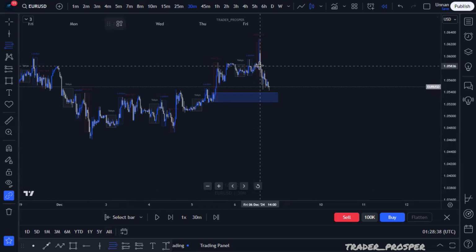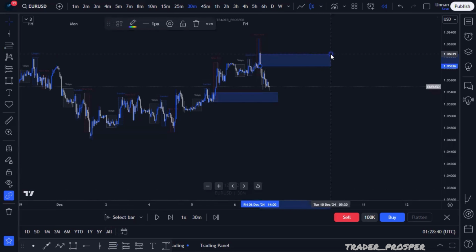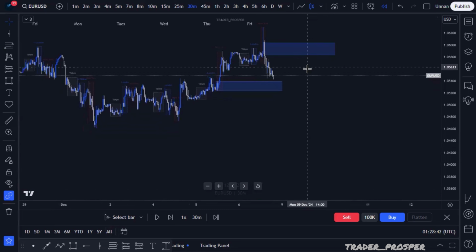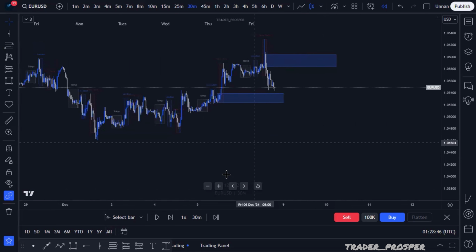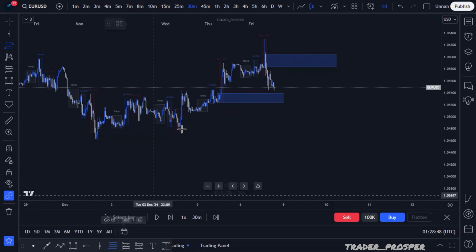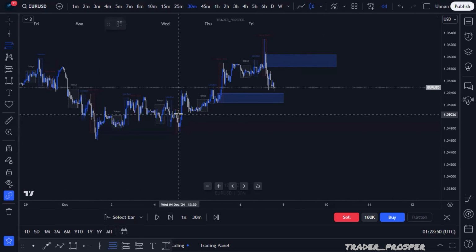This one here from the higher time frame. Now this is my analysis for what will happen, and then there is this level of imbalance.